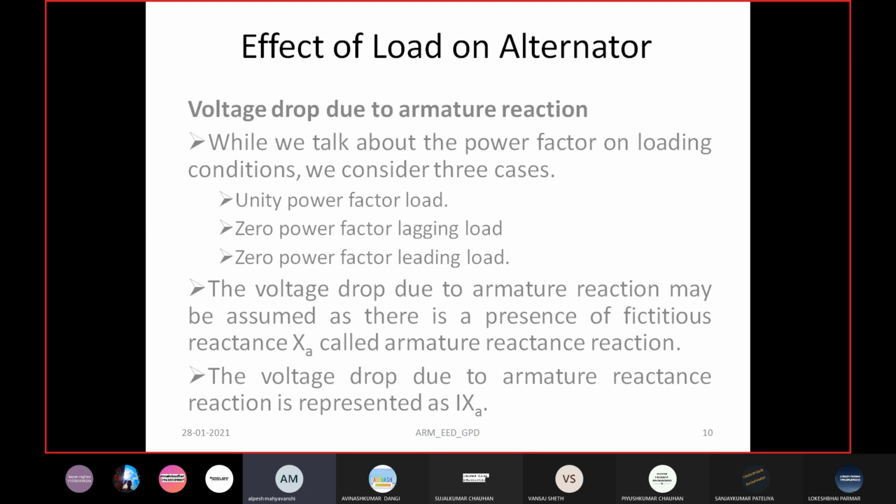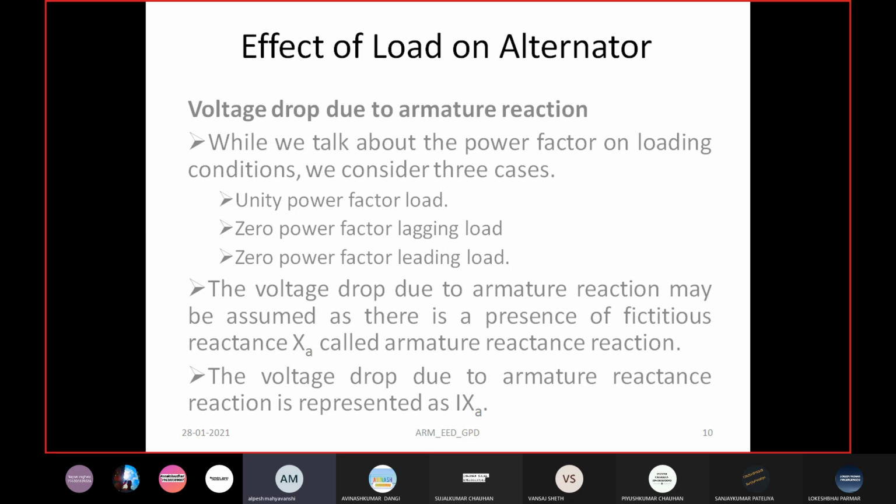While we talk about the power factor under loading conditions, we consider three cases: the unity power factor load, zero lagging power factor load, and zero leading power factor load. The voltage drop due to the armature reaction may be assumed as the presence of a fictitious reactance Xa, called the armature reaction reactance.